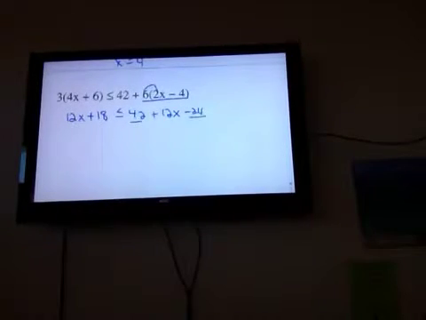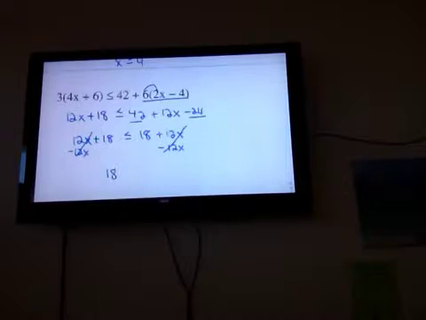Collect your like terms on the right side. When I go to move my x, it cancels on the right as we planned, but it also cancels on the left side.